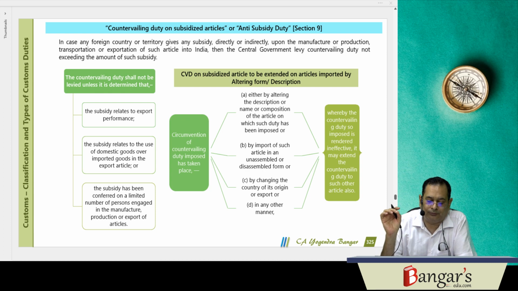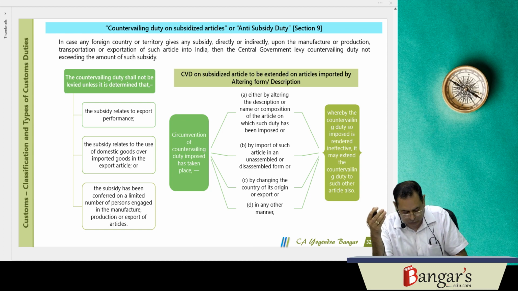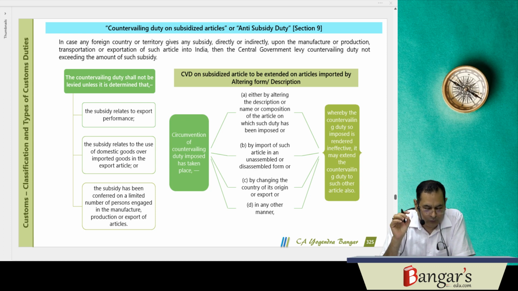Now here, countervailing duty shall not be levied unless it is determined that the subsidy relates to export performance, or subsidy relates to use of domestic goods or imported goods in the export article. Here raw material itself is subsidized, or subsidy has been given to limited number of persons engaged in manufacture, production or exportation of that article.